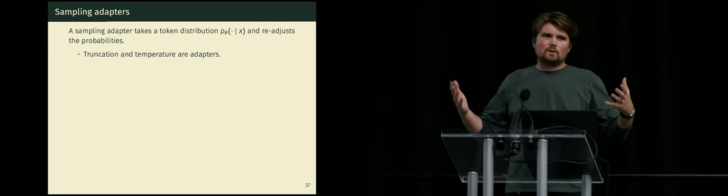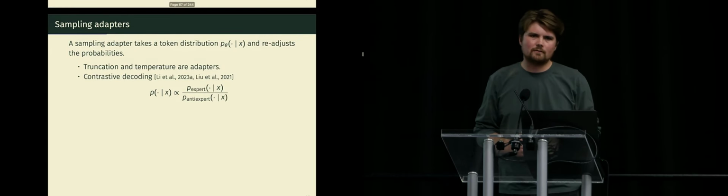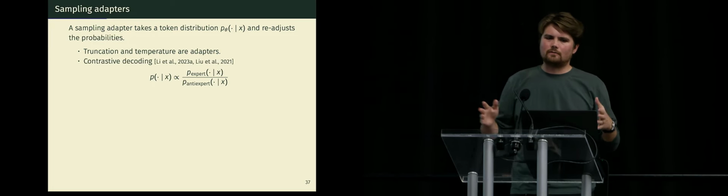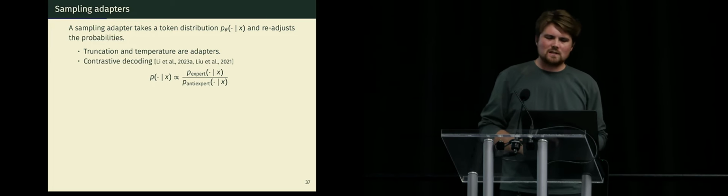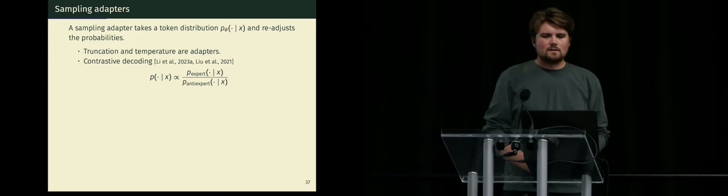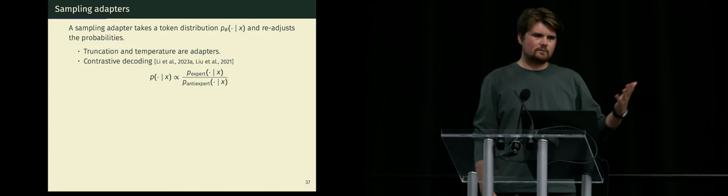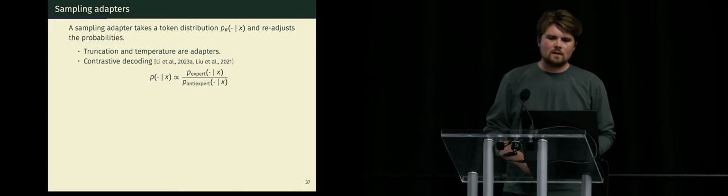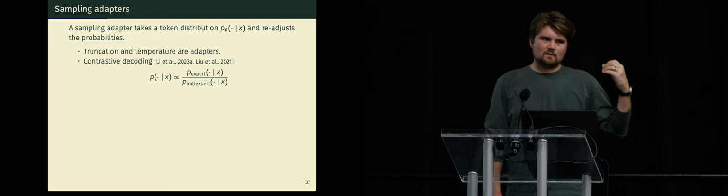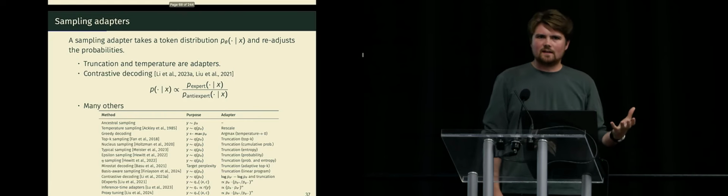All right, so we've seen a few different ways of adjusting the output distribution of the model. These all fall under this framework of sampling adapters. A sampling adapter is when you take the model distribution and make some adjustment to the probabilities. You can also incorporate knowledge from outside of the model's distribution. For instance, in contrastive decoding, you adjust the next token probability distribution using an anti-expert model.